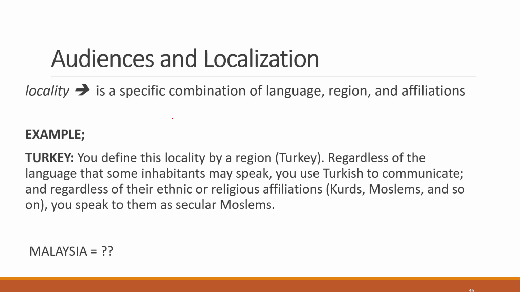For example, .my is going to share Malaysian information. Okay, that is the meaning of audience and localization. I'm using Google as an example, okay, because it's widely used today, but not in China.